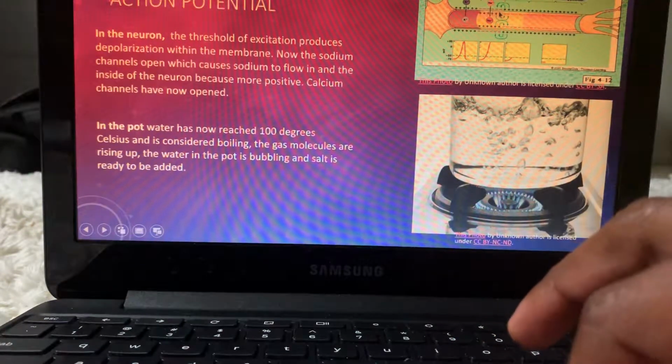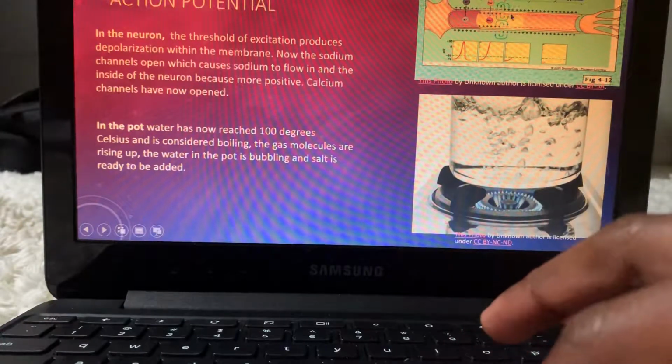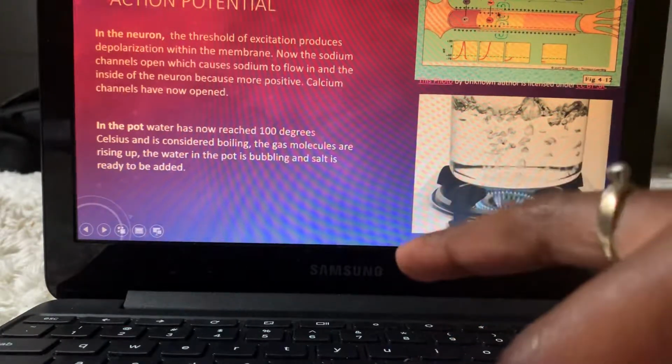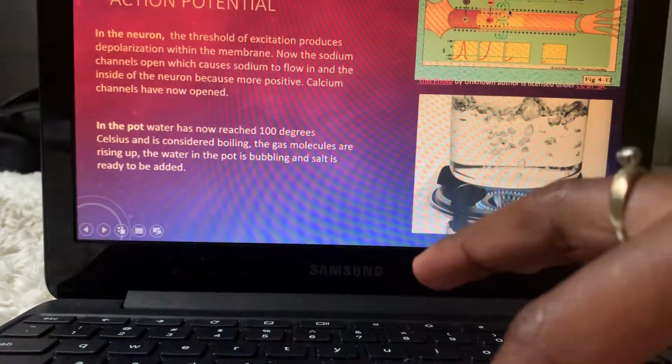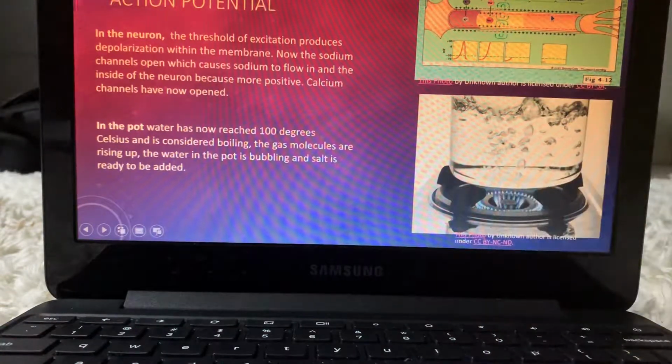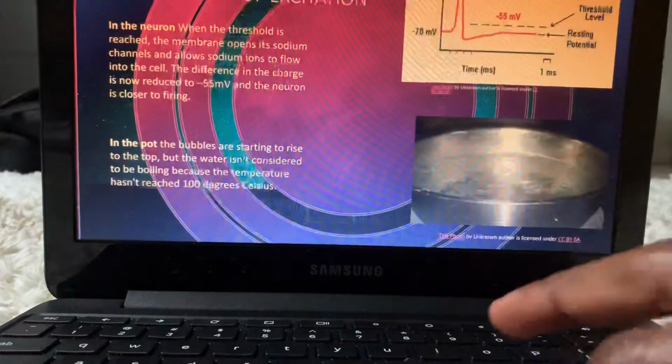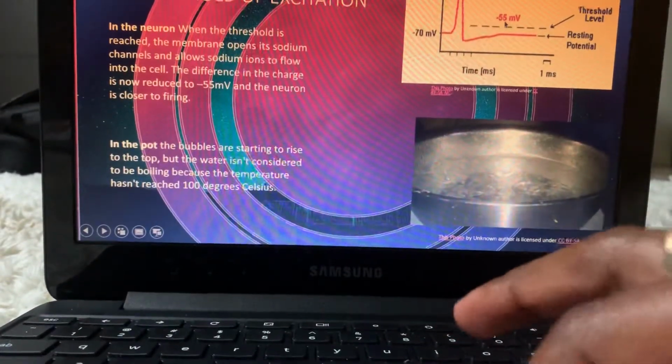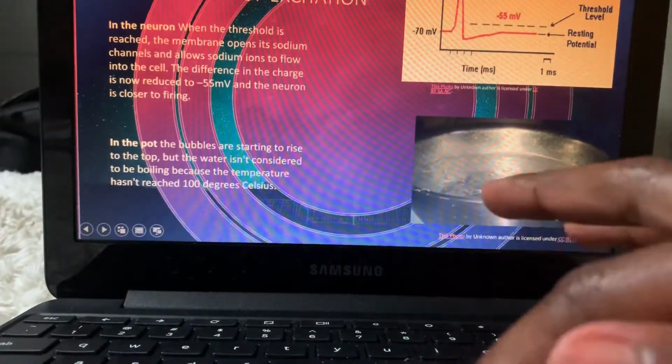And it does this all along the axon. So for a split second, it's more positive, and it jumps to the next section, and keeps switching for a split second because so much sodium is being diffused inside. So we're not at negative 70, we're not at negative 55, we are reaching to the top to fire.